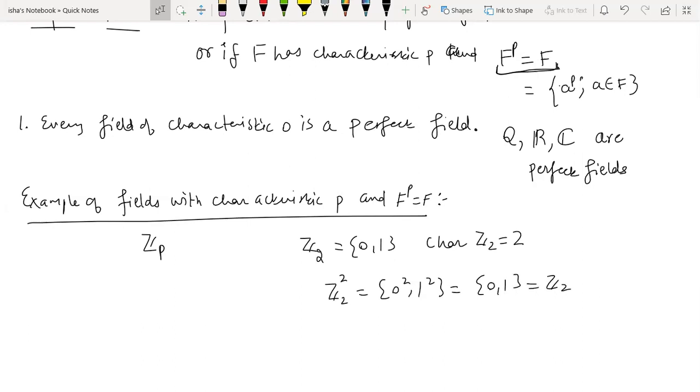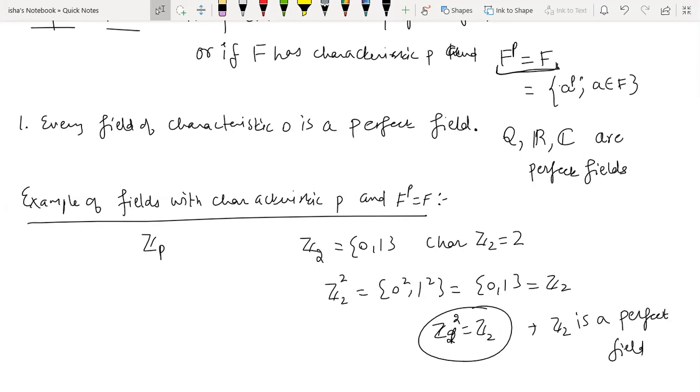So what we just saw, Z2 raised to power 2 is the same as Z2. This is what we wanted to show, that the field raised to the power of its characteristic should be the same. So Z2 is a perfect field. Similarly, try this for Z3: 0, 1, 2.